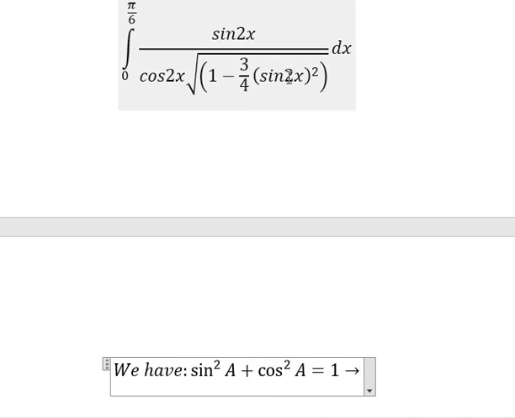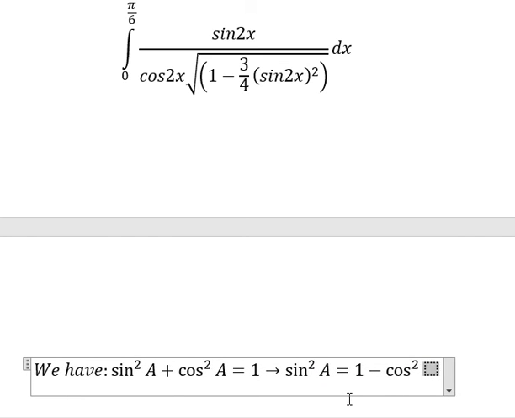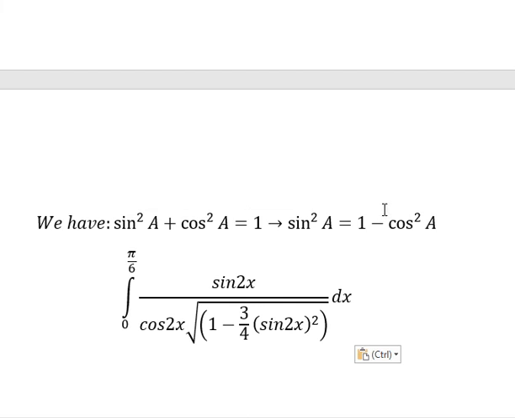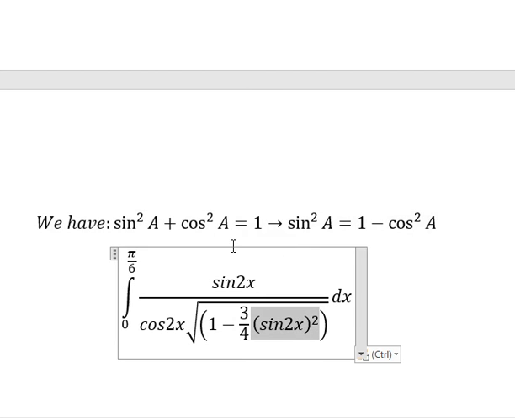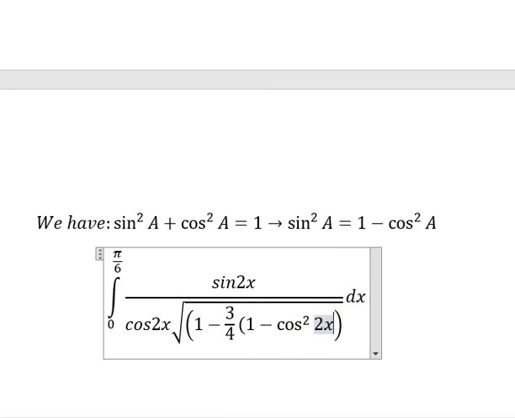So we have sin 2x squared, that is this one. Now I will put cosine squared to the right. So this one we need to transform into 1 minus cosine 2x squared.